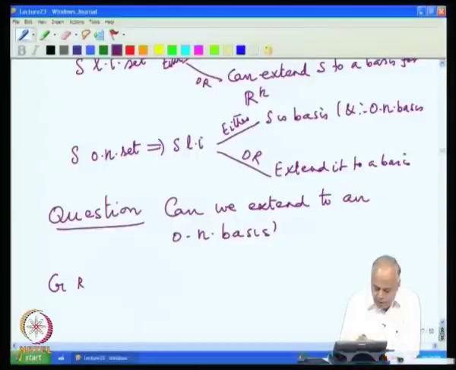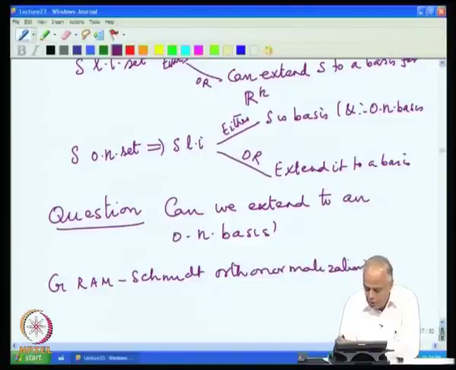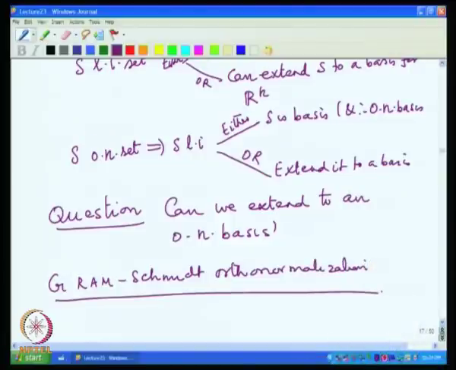The main ingredient that is required for this is what is known as the Gram-Schmidt orthonormalization. The main idea of the Gram-Schmidt orthonormalization is that given any linearly independent set, we convert it to an orthonormal set in such a way that the spaces that we span are not lost. We shall look at the details of this conversion in the next lecture.